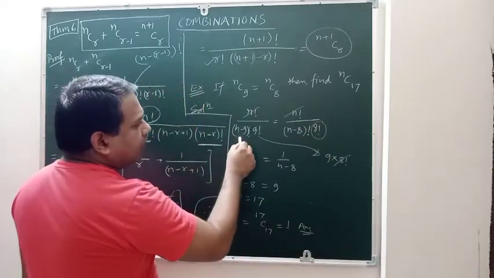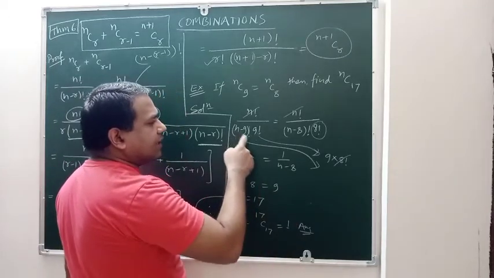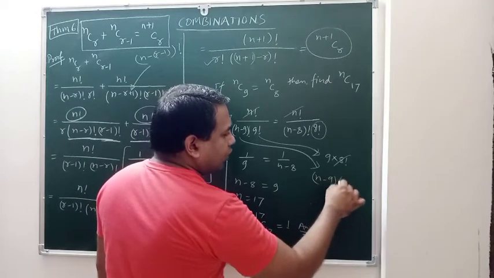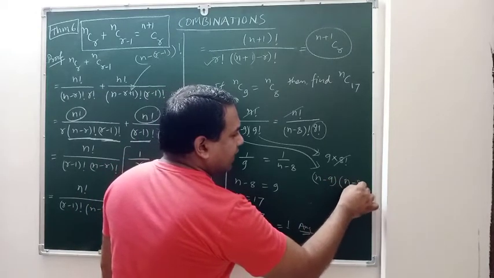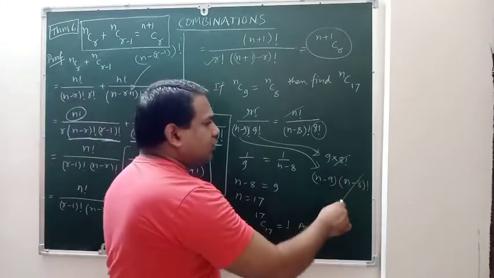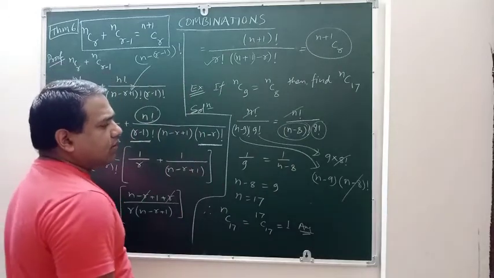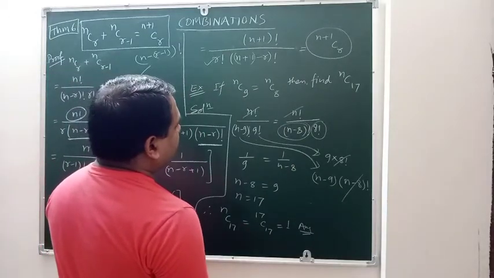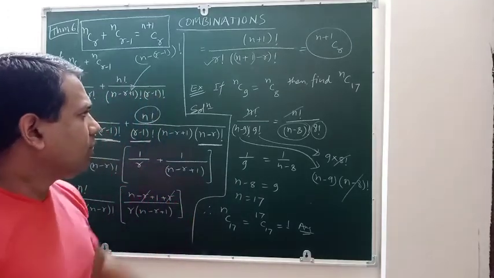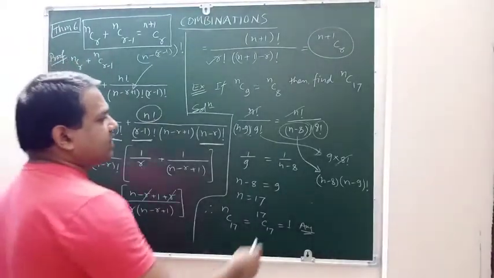If I take common from here, that is (n minus 9), so it will become (n minus 9) into (n minus 8) factorial. Sorry, I made a mistake.